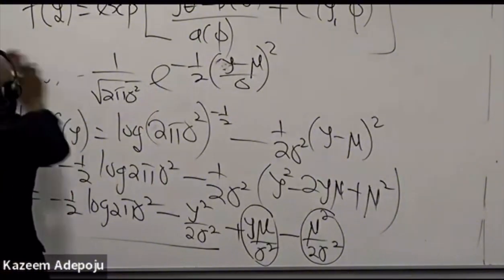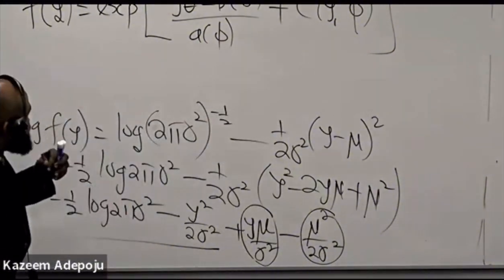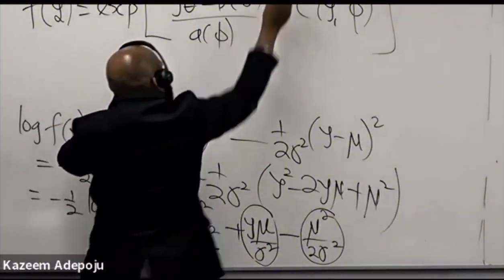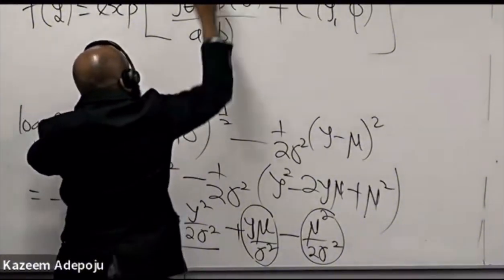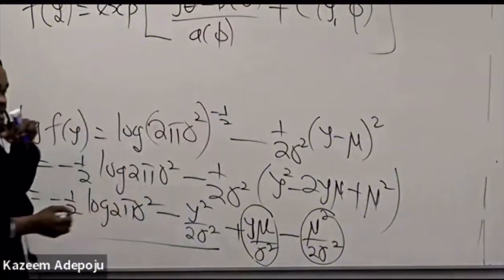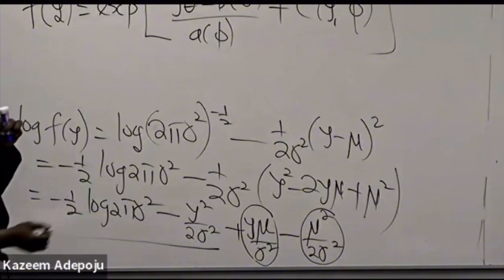Now, if you take a look at what I have at the moment, you're going to see that if you compare this with this, if this is y, that actually implies my theta is equal to mu.